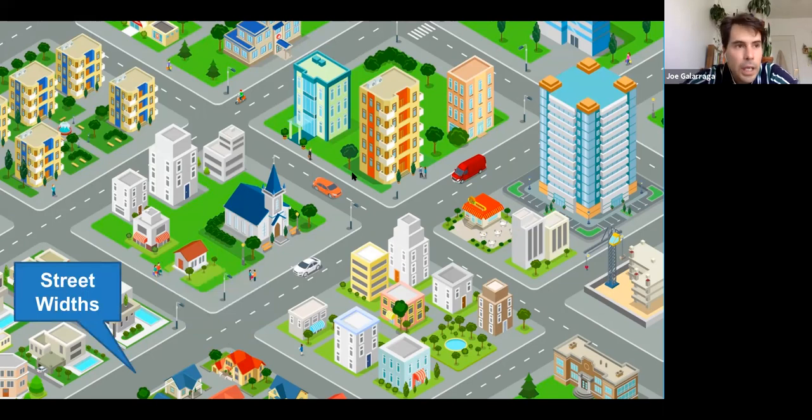Street widths, once again, kind of like sidewalk widths, but maybe not so much regarding disease transmission. But if you have very narrow streets, maybe more car accidents, maybe any sort of traffic related hazard there.